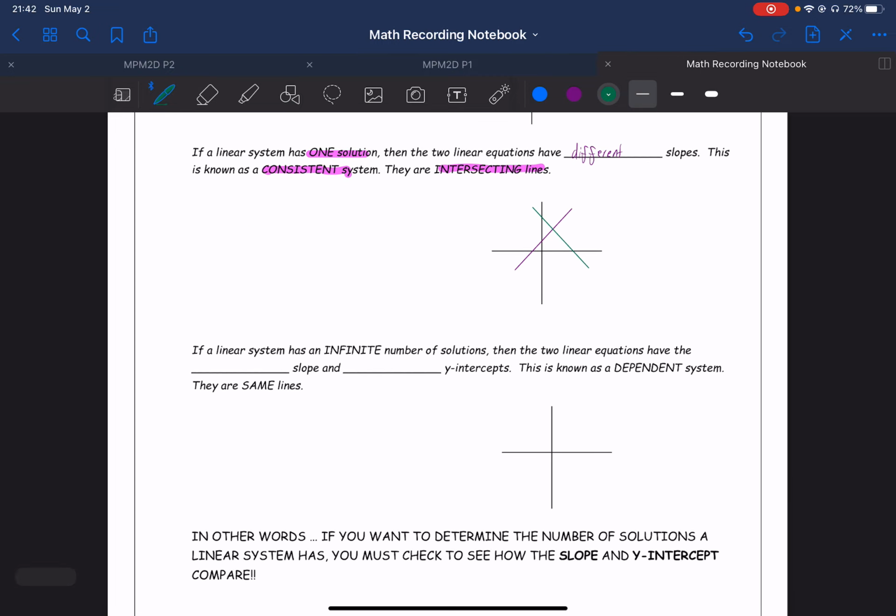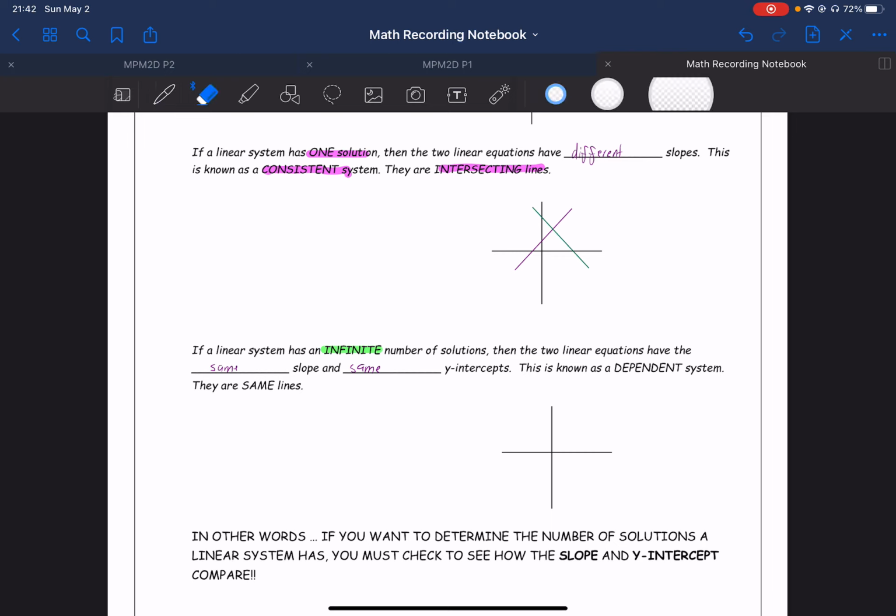Now, if a linear system has an infinite number of solutions, like that last one that we did, infinite number of solutions, that means the two linear equations have the same slope and the same y-intercepts.